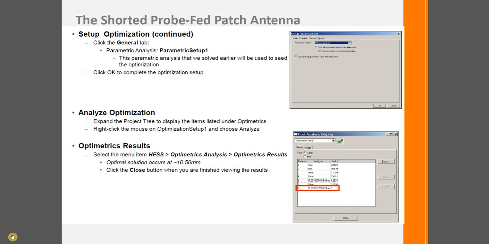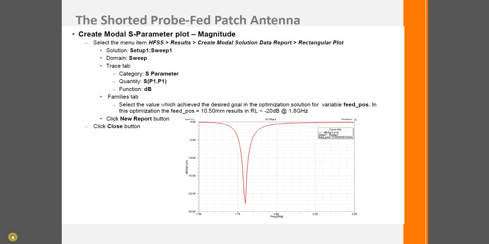As you can see, the optimum value solution occurs at about 10.5 millimeter. Here you can see the optimum value result by going to the HFSS result tab and selecting the rectangular plot.